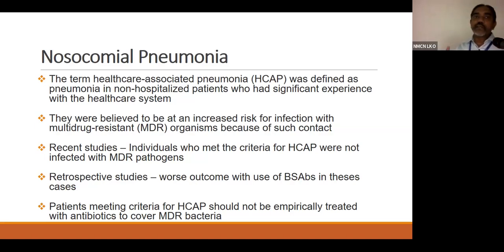In fact, in retrospective studies, it was found to be counterproductive, and there were worse outcomes when these patients were covered empirically with broad-spectrum antibiotics for drug-resistant pathogens. Patients meeting criteria for healthcare-associated pneumonia should not be empirically treated for coverage of drug-resistant pathogens.